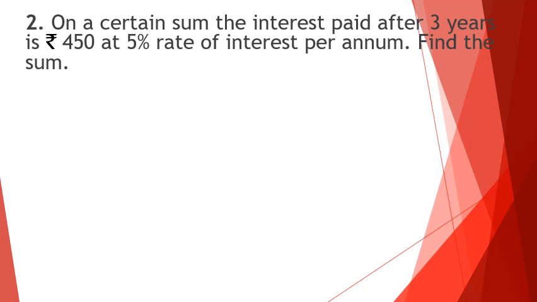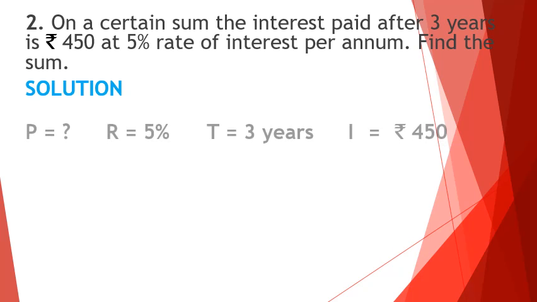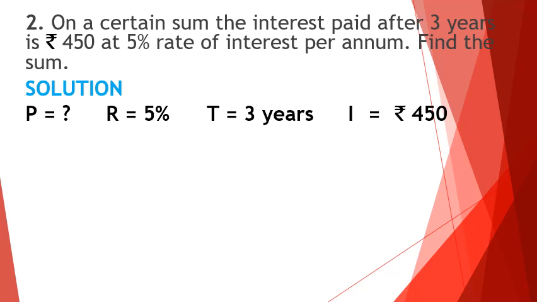Next question. On a certain sum, the interest paid after 3 years is rupees 450 at 5% rate of interest per annum. Find the sum. Here we have to find the sum, that is P equal to question mark, and the time period is given, 3 years, so T equal to 3, and interest is given as rupees 450, and the rate of interest is 5%.